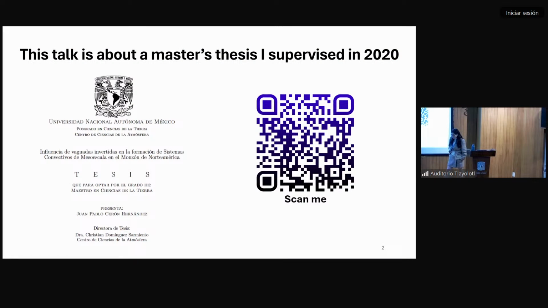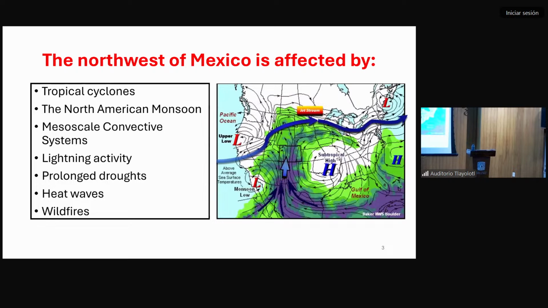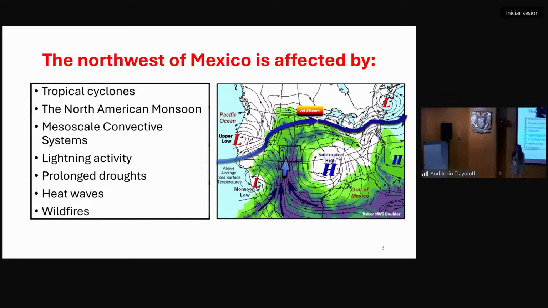So today I'm talking about the first master's thesis that I supervised. If you're interested in this thesis, you can scan the QR code and read about it, but unfortunately it's in Spanish. I'm sorry for that. I will focus on the North American region.